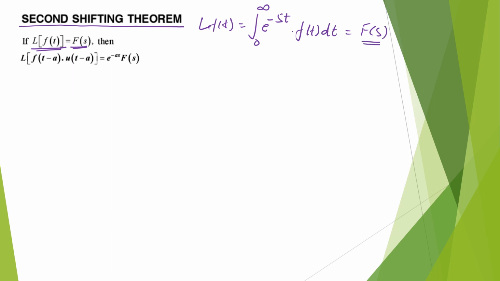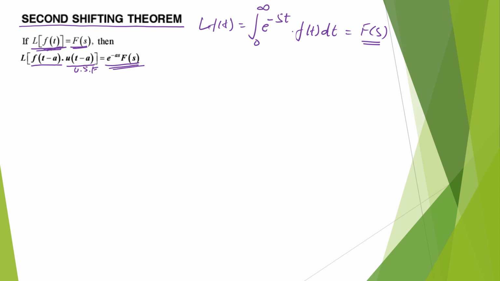Then the Laplace of f(t minus a) times u(t minus a), where u is the unit step function, is equal to e to the power minus as times F(s), where F(s) is the Laplace of f(t).